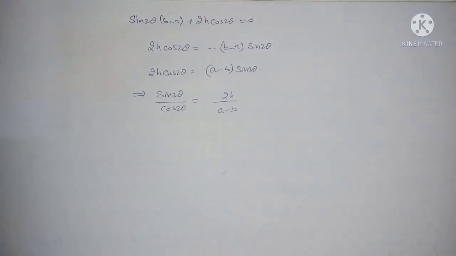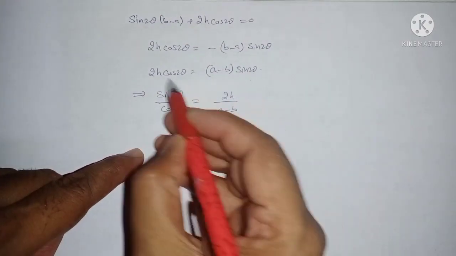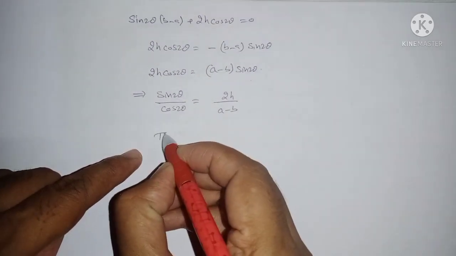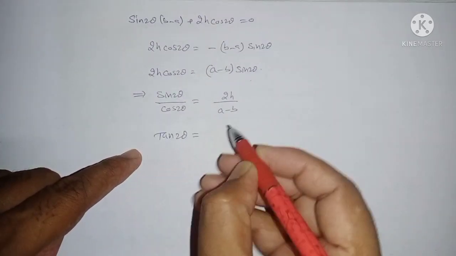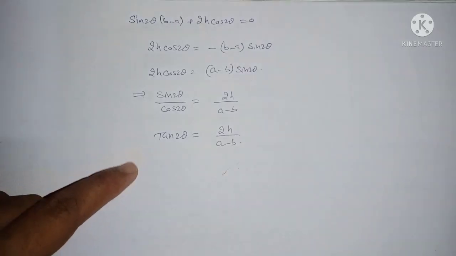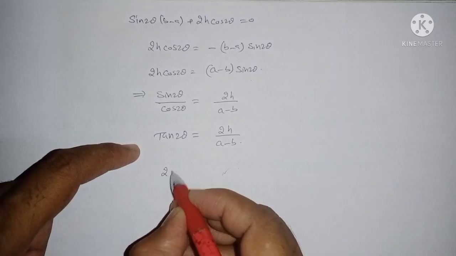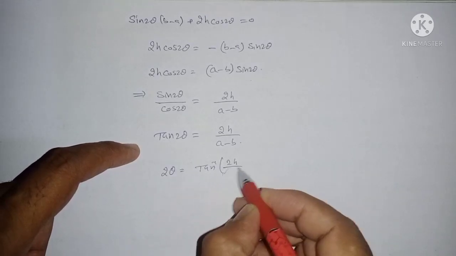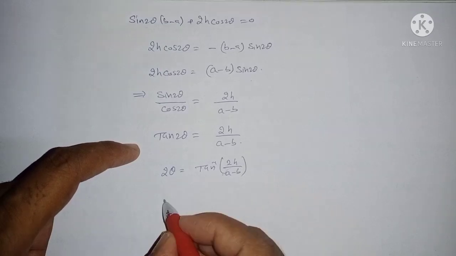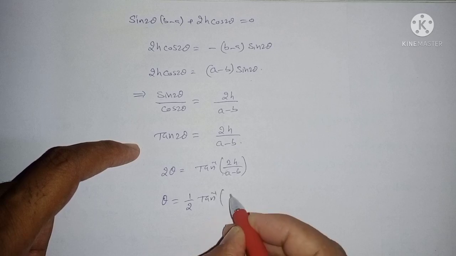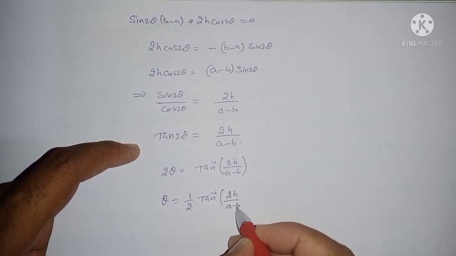This is clear? Sin 2 theta by cos 2 theta is nothing but tan 2 theta, which is equal to 2h by (a minus b), and 2 theta is equal to tan inverse 2h by (a minus b). Theta is equal to 1 by 2 tan inverse 2h by (a minus b).